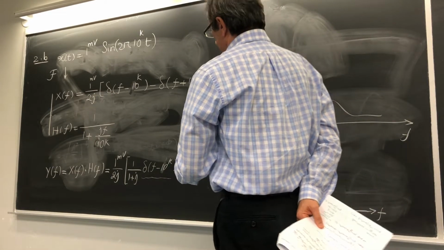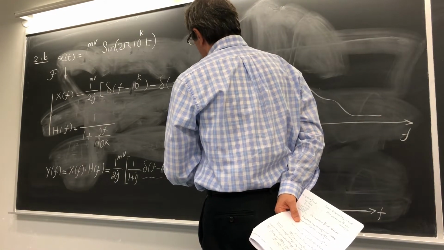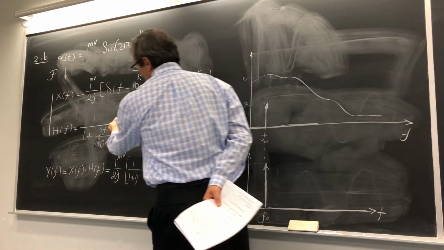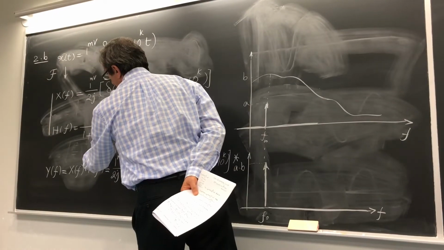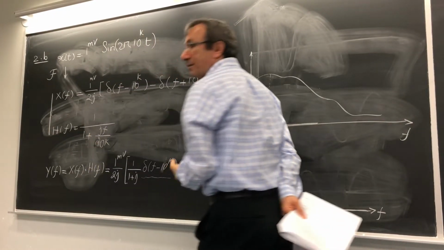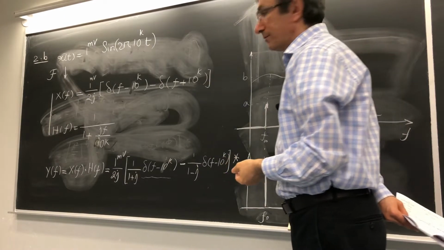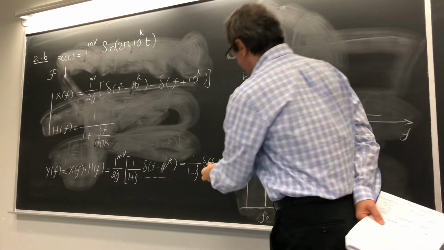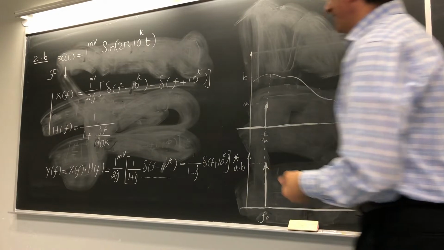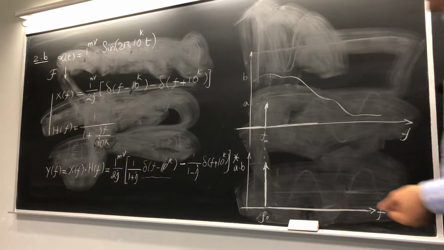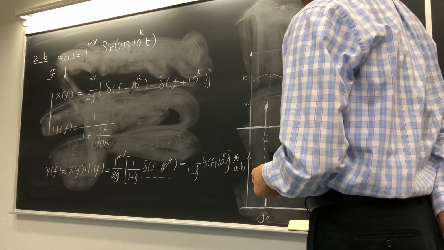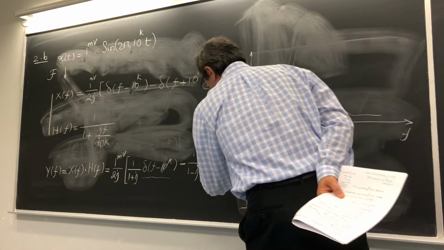That is because now you're calculating h of f for f equals minus 10k. Sorry, that was unintentional.